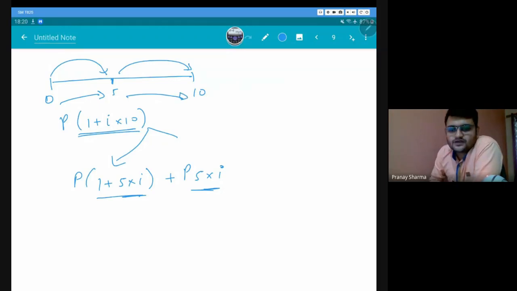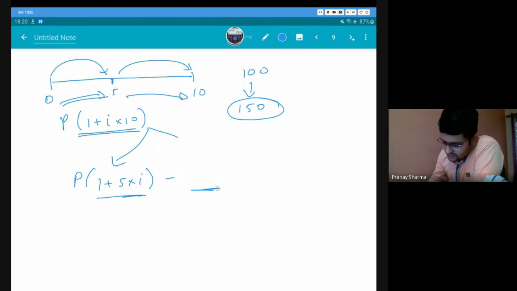When you invested for 5 years, let's say you invested rupees 100 and you got 150 back. When you reinvest, you will be reinvesting this whole 150, that is principal plus interest. You will not just invest 100 rupees and keep the 50 for yourself. So you will be taking out the money and reinvesting with interest. That is why next time you will get interest on this 50 rupees as well.